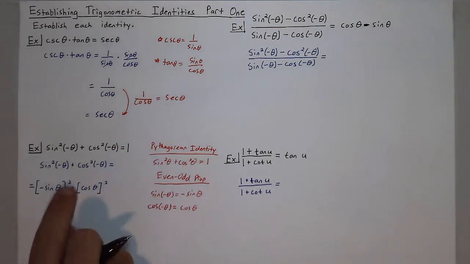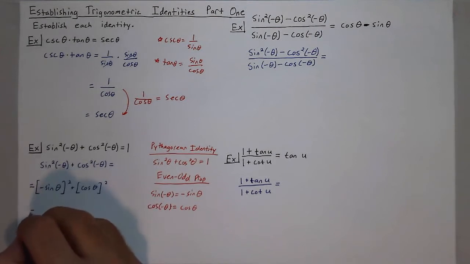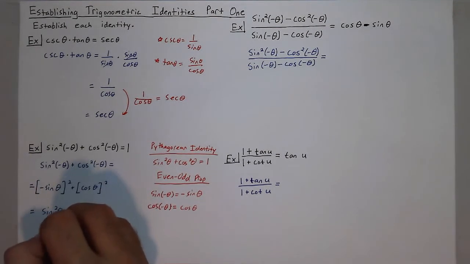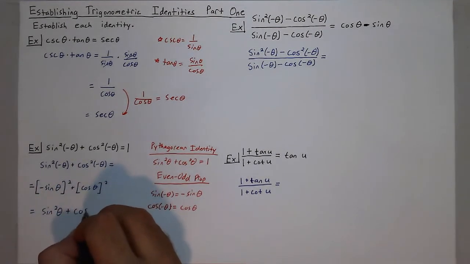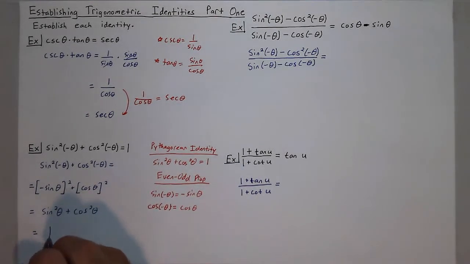But now I'm squaring a negative, so it remains positive. So now I have sine squared of theta plus cosine squared of theta, which now we know for sure is equal to 1. So now we've shown that this identity is definitely equal to 1.